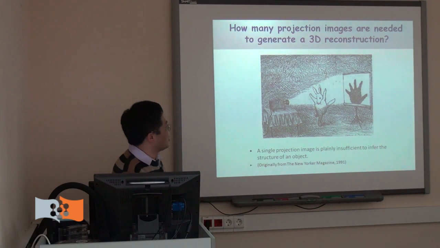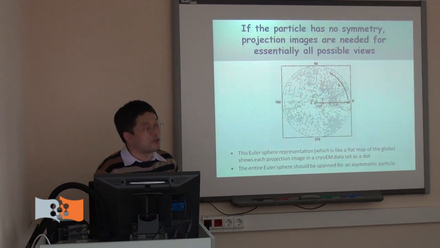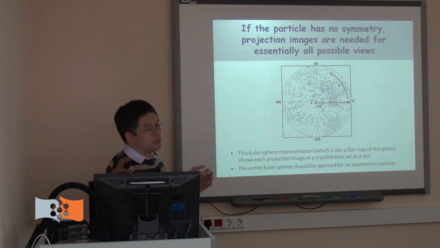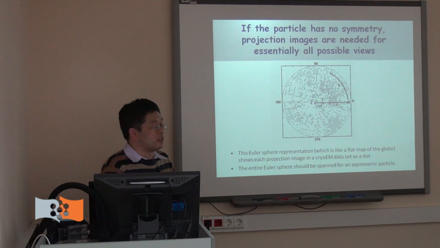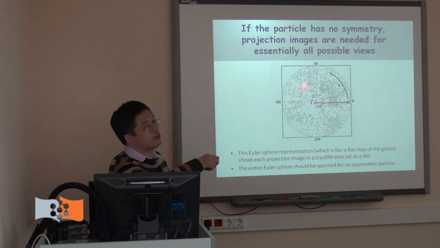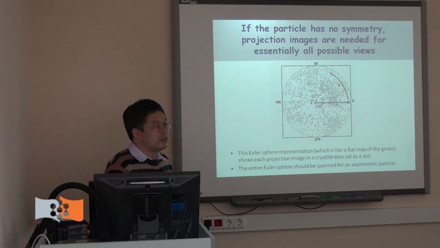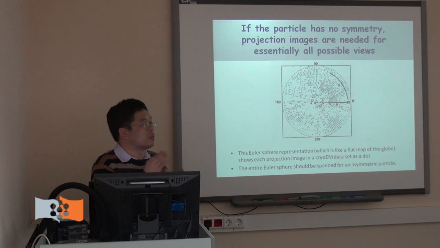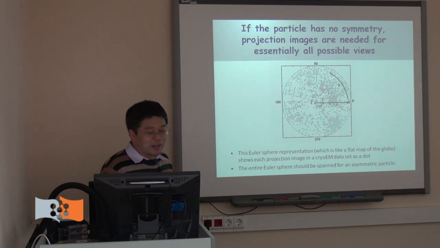So the idea is that you want to get the different orientations. This is our plot to see the orientation. Basically, you want all the dots distributed evenly around the full space. That means you can get projections from all different angles. But sometimes it's difficult.